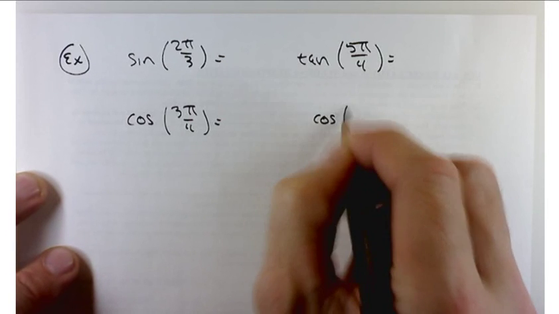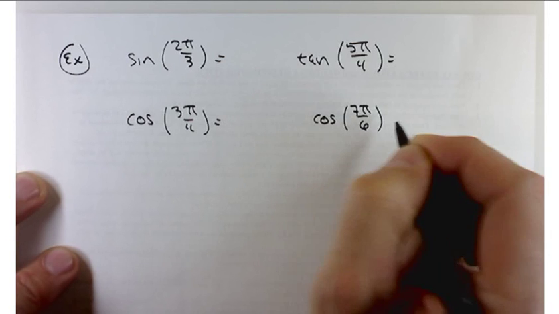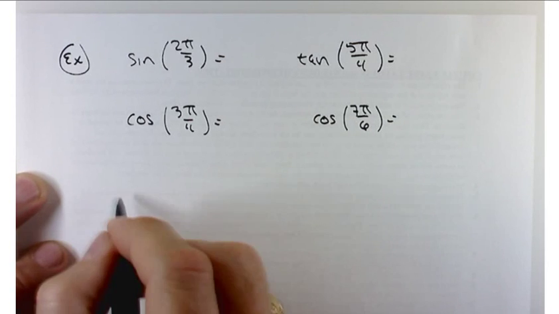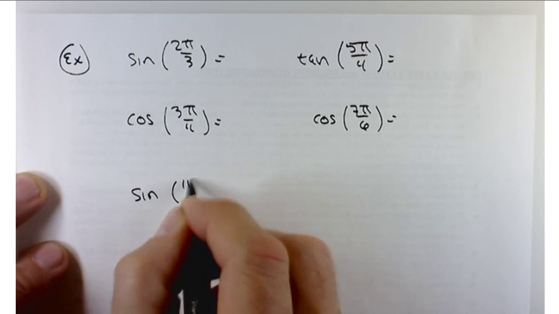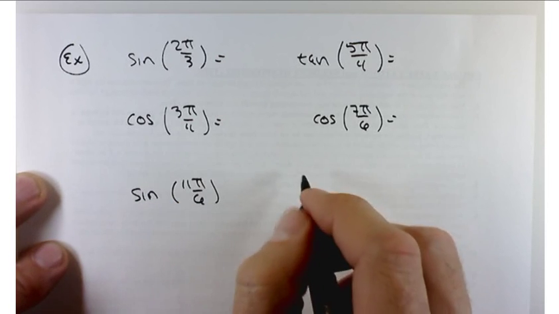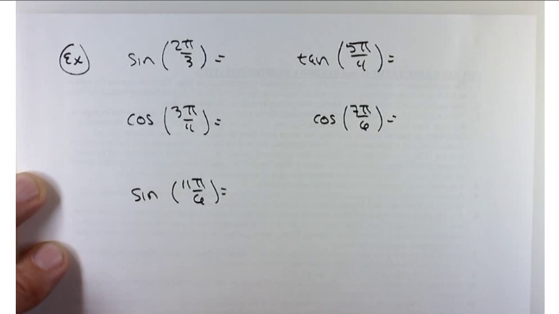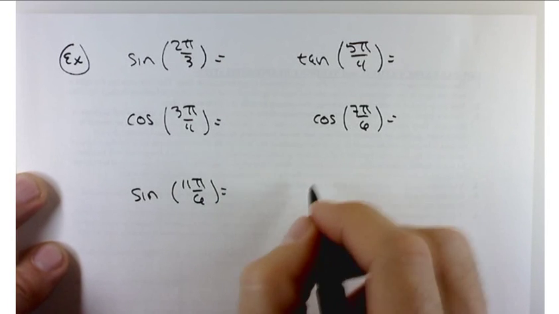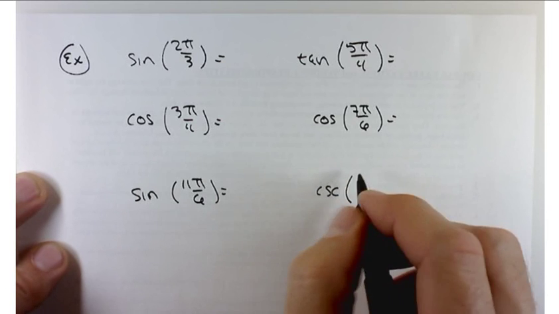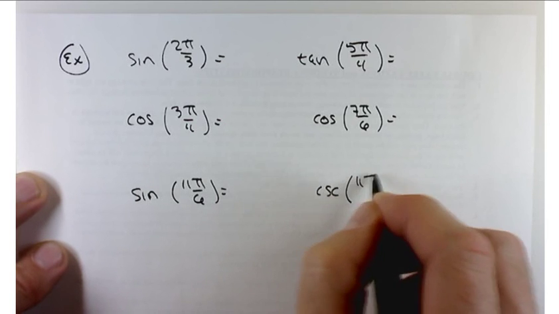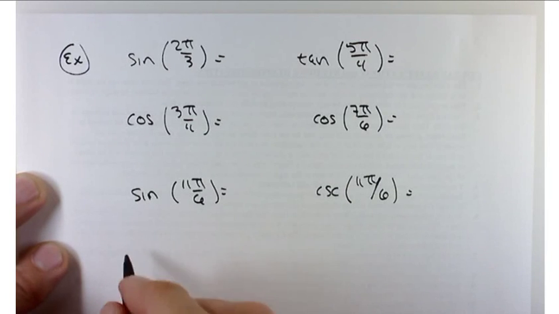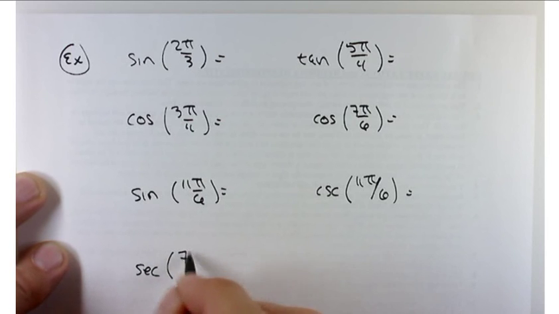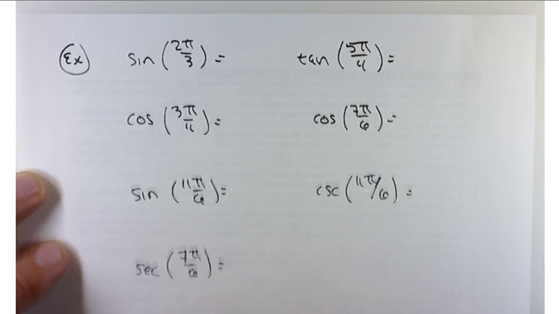Cosine of 7 pi over 6. Sine of 11 pi over 6. Cosecant of 11 pi over 6. And one last one, a little bit more challenging, secant of 7 pi over 6.